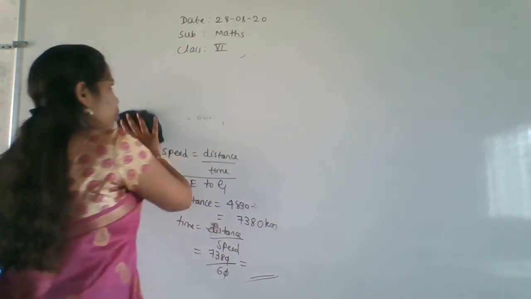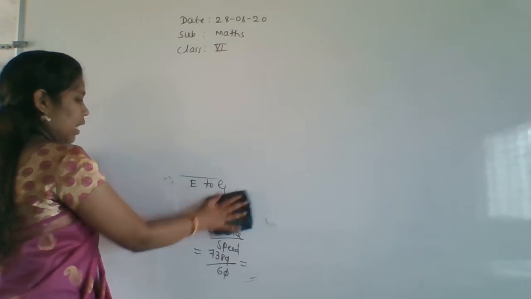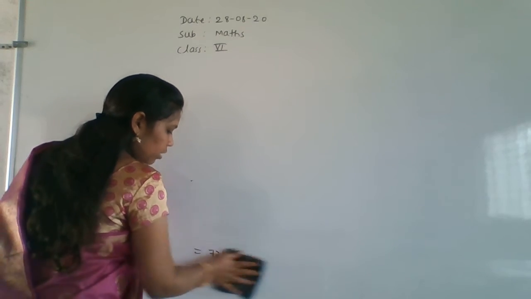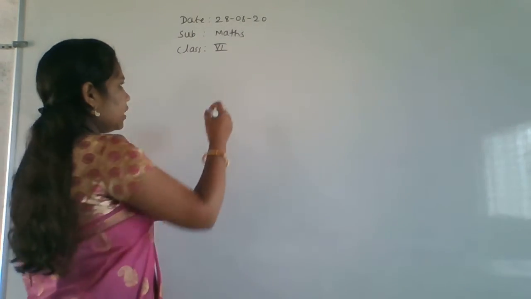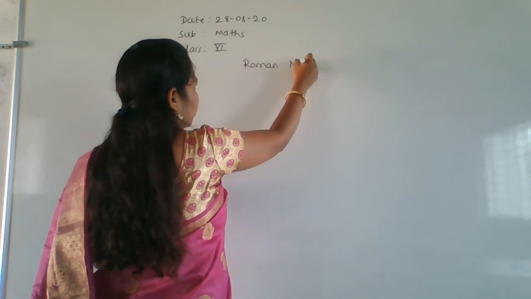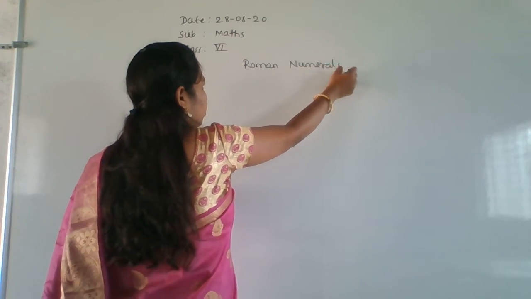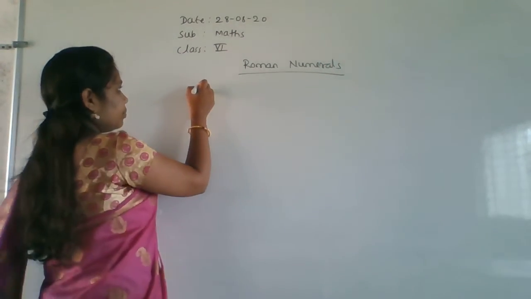If we know the Roman numbers, then only we can understand all the things in the next class. Otherwise it's very difficult to understand, right? So practice the Roman numerals. Okay, I'll just write here.